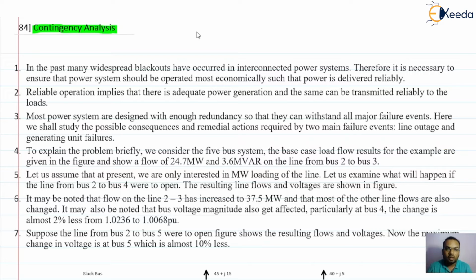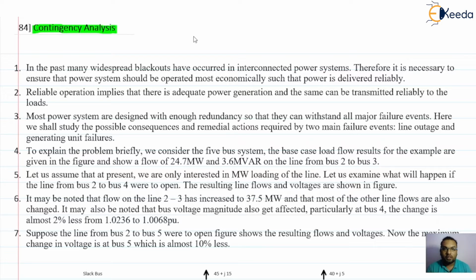If the probability of occurrence of some contingencies is low, then we can neglect them. Then from the selected contingencies we go for the evaluation. This way the contingency analysis process goes on.